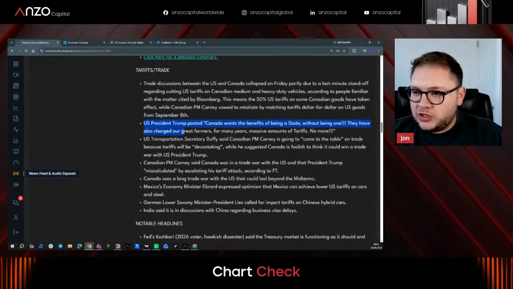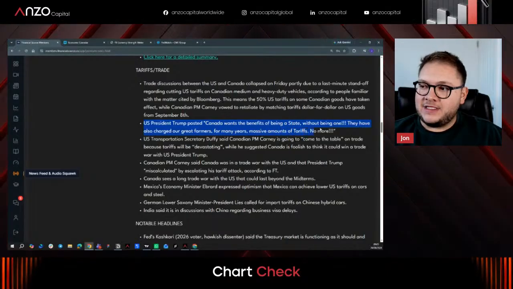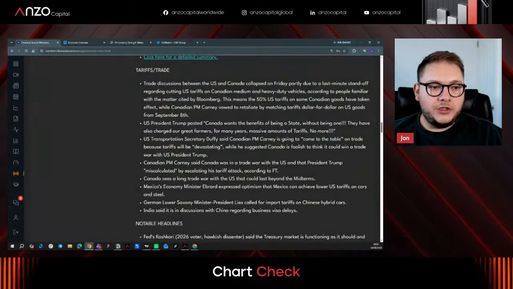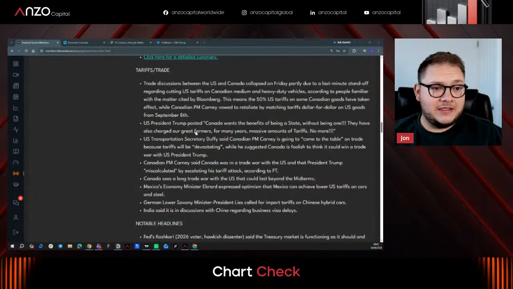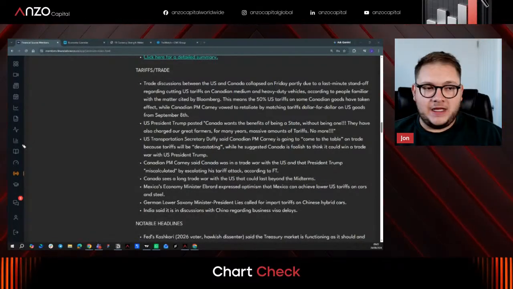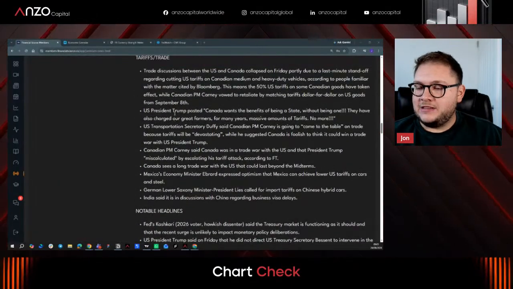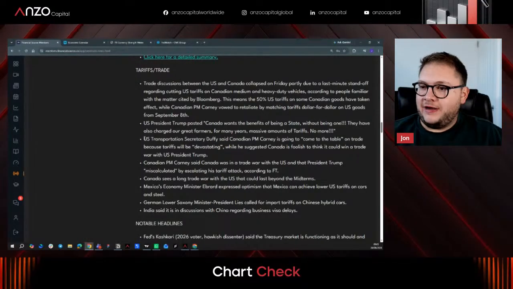They have also charged our great farmers for many years massive amounts of tariffs, no more." So Trump is basically saying that they have been tariffing them for years with no retaliation, and the US deserve more. So he's retaliating with these tariffs, which obviously Canada is not a fan of.